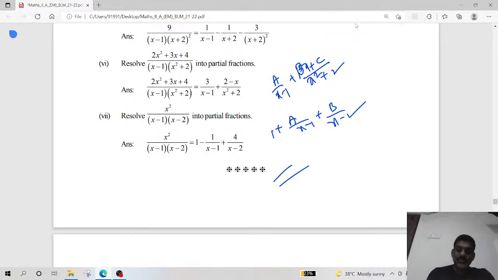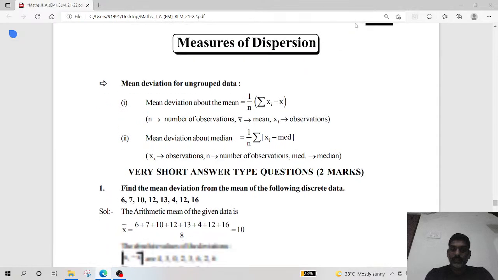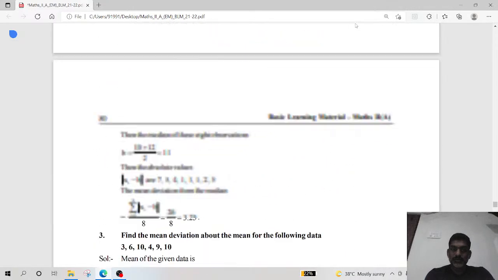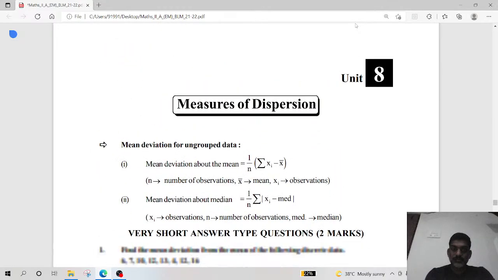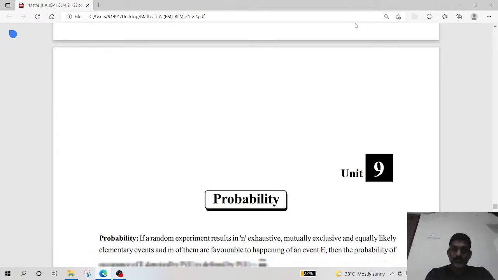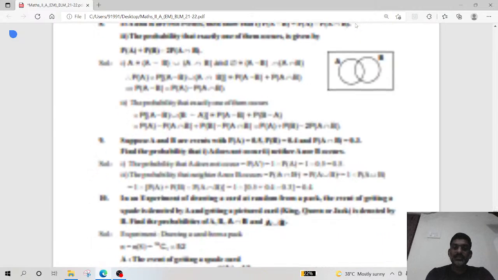Right? What is our next topic? Today's next topic, random variables. Okay, let us see random variables. There are small chapters on random variables.